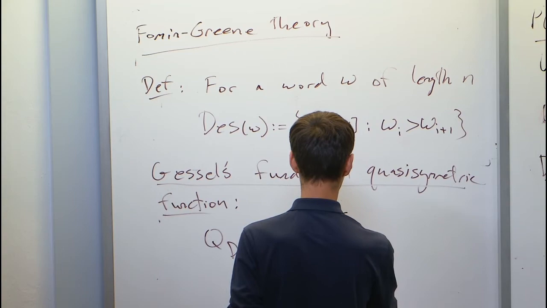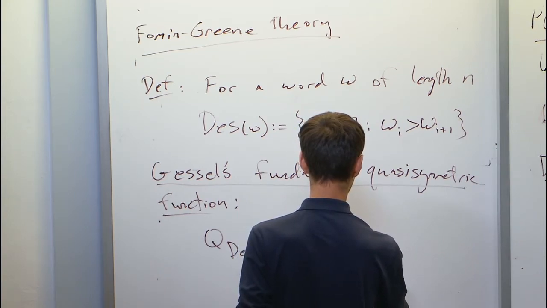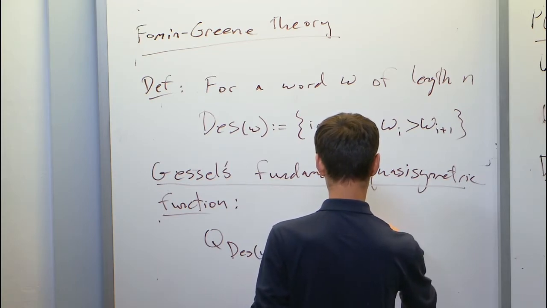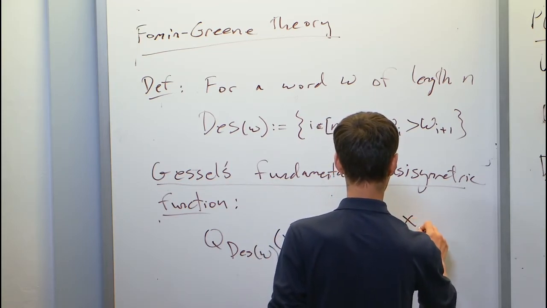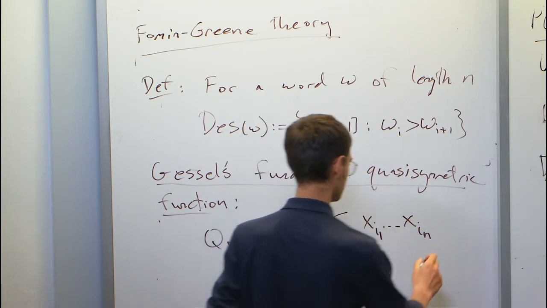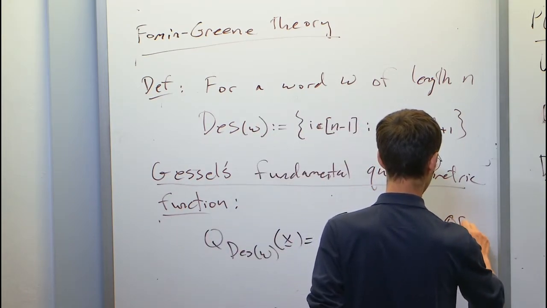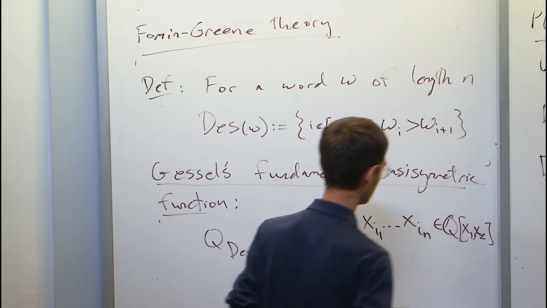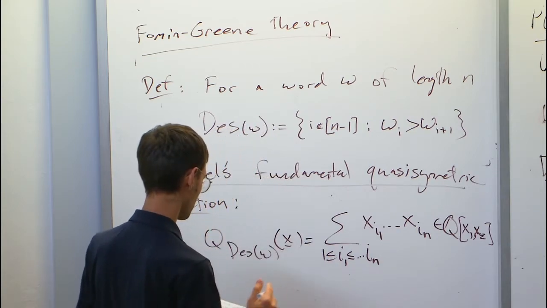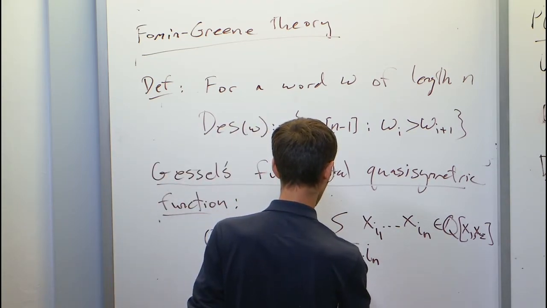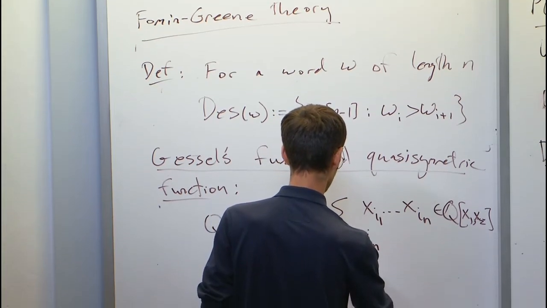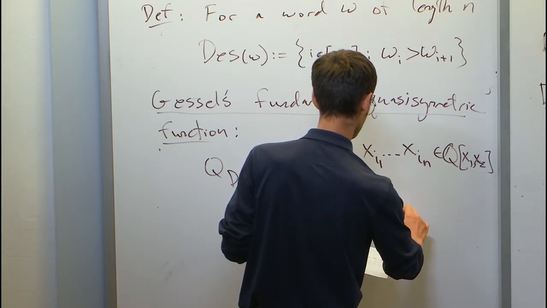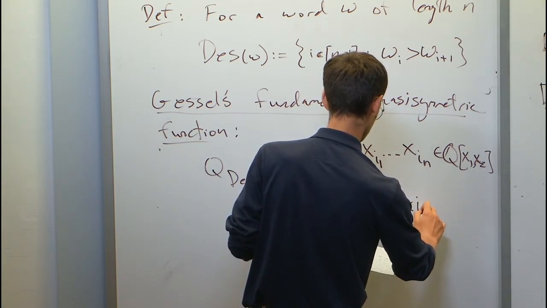So this is defined as follows. This is a degree n homogeneous polynomial in, let's say, infinitely many commuting variables, and I missed the important condition. If j belongs to the descent set of W, this implies that I have a strict inequality of the indices here.